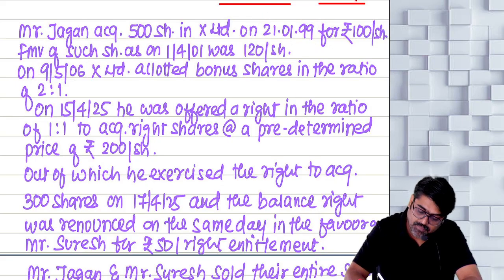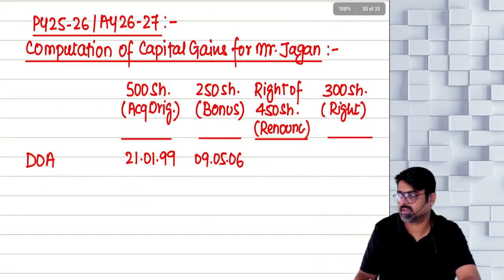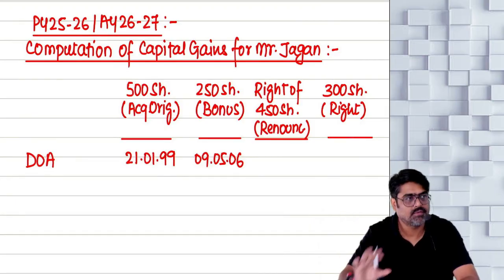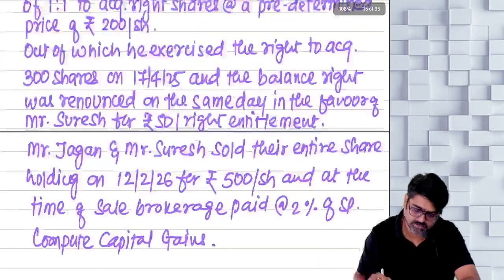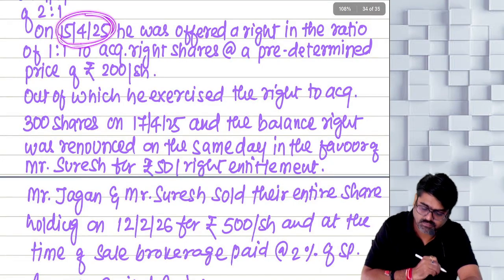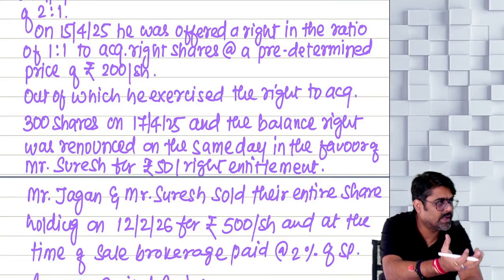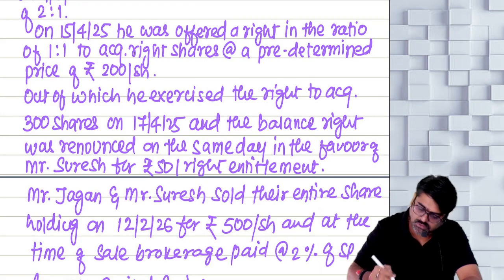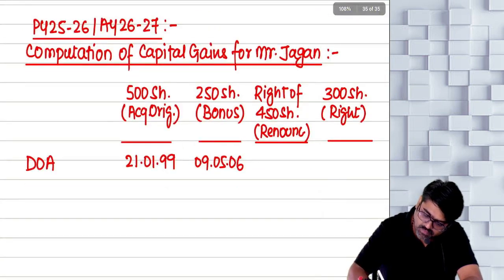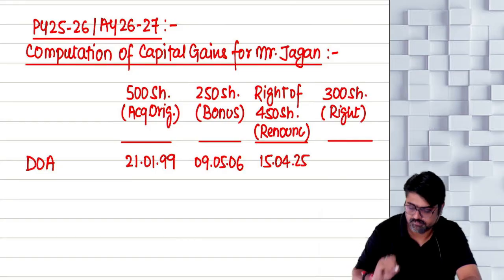Okay. Now tell me, if I say that right of 450 shares which I am renouncing, when did I acquire that right? When did I acquire that right? The date on which the company offered the right is the date on which I am acquiring the right now. So it will start from 15th of April 2025.